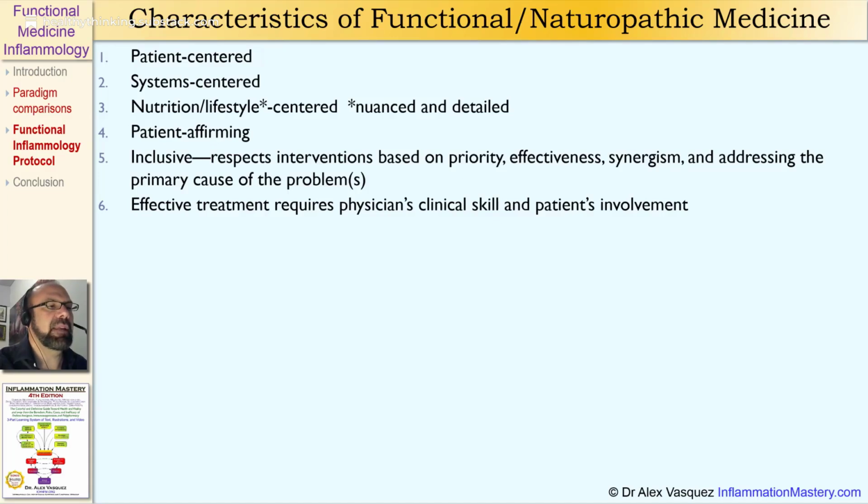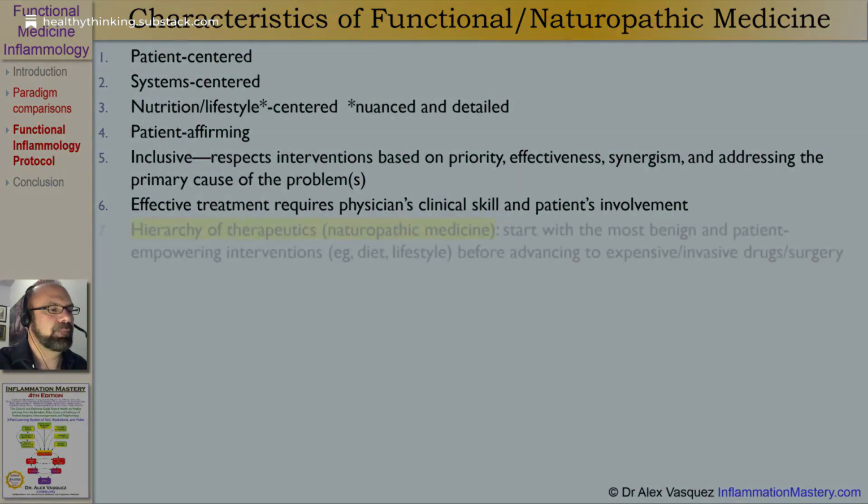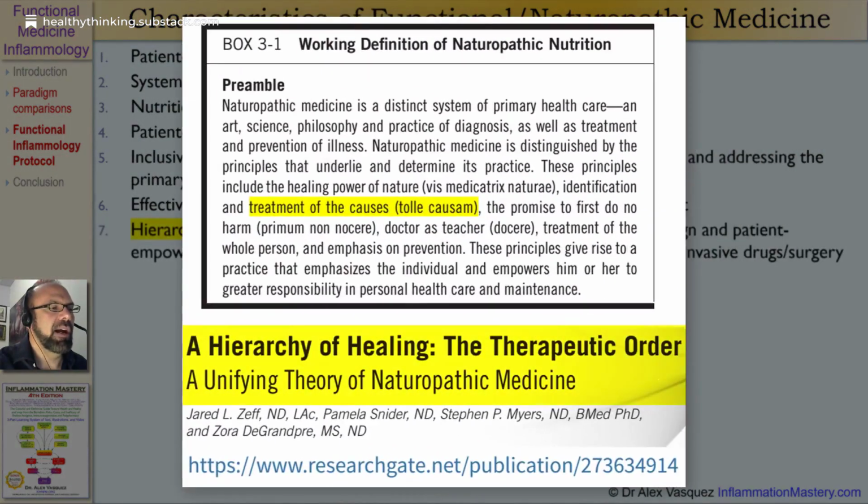So physicians who are beginning to integrate functional and naturopathic medicine into their practices have to go through a learning curve, but that learning curve ultimately results in their being more empowered and more creative and effective in their clinical practices. As I mentioned before, the hierarchy of therapeutics from naturopathic medicine encourages us to start with the most benign and patient-empowering interventions, such as diet and lifestyle, before advancing to invasive and expensive drugs and surgery.